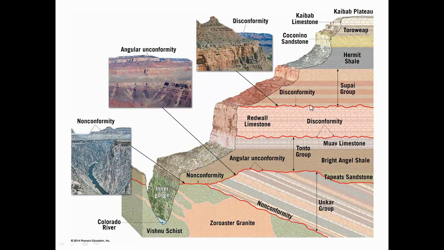The second disconformity above occurs between the Supai Group and the underlying Redwall Limestone. Notice in both cases that these disconformities have sedimentary rocks both above and below. And what's more, those sedimentary rocks are parallel. So that fits the definition of a disconformity. Does everybody see this?